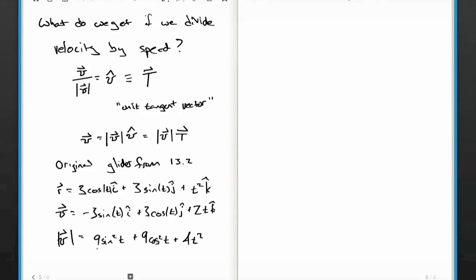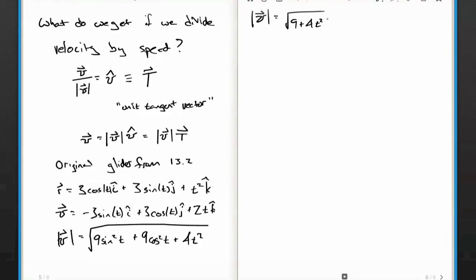And since it's the magnitude, of course, we have to square all the components and then take the square root of that. Well, we can see that sine squared plus cosine squared equals 1, so we can factor out that 9, and that just becomes 9 plus 4t squared. So I go over here and I will write the magnitude, or the speed, equals root 9 plus 4t squared.